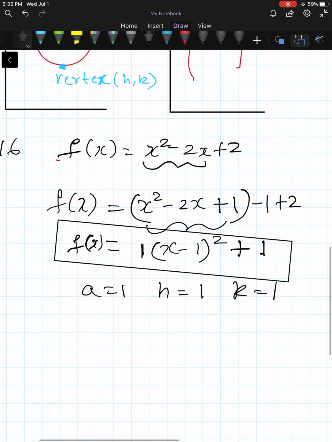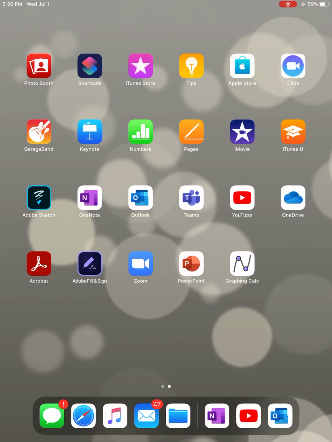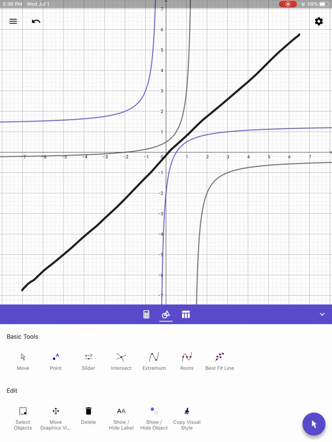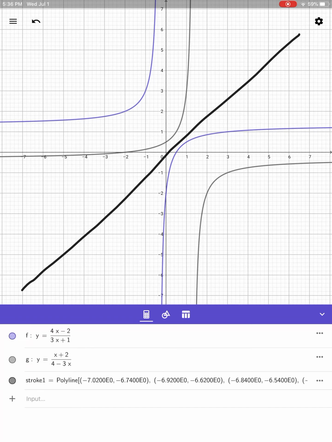To sketch a graph of f, you can do that using the table of values. I can do it using a graphing calculator if you want, but you have to do it using a table of values.